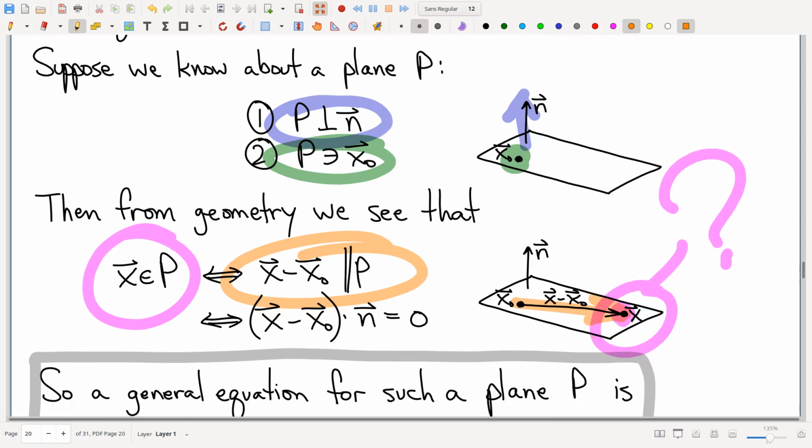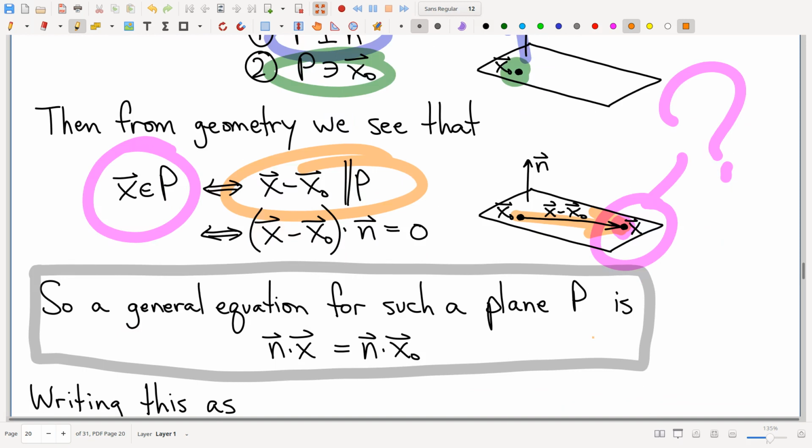Now this is just a geometric appeal, but we're given that x naught's in the plane. That's given. So if x is in the plane also, then I'm looking at a vector that has tail and head in the plane, and that means that that difference is parallel to the plane. Okay.